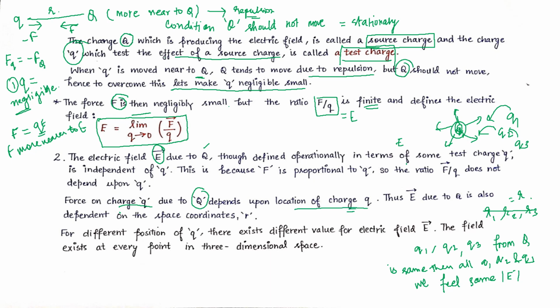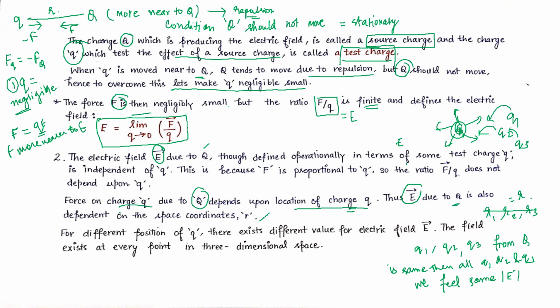Location, that is distance from the capital Q. As you move far away from capital Q, the strength of E will decrease. Thus, capital E due to capital Q is also dependent upon the space coordinates.